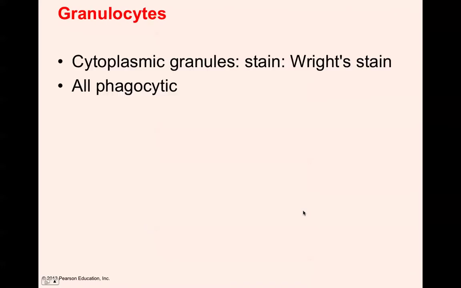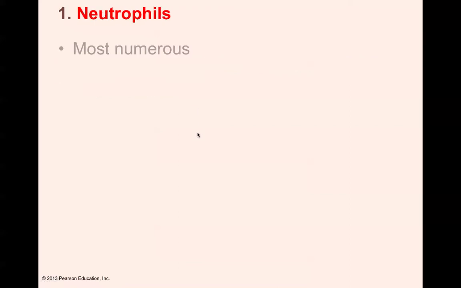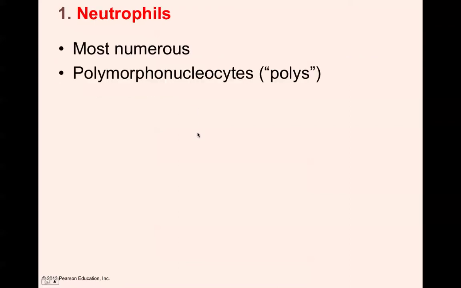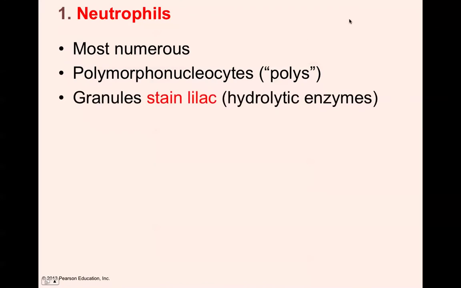Granulocytes have cytoplasmic granules that will stain with Wright stain. All the granulocytes are phagocytic. The most numerous are neutrophils. We also call these polymorphonucleocytes, because poly means many, and the nucleus is very unusually shaped.